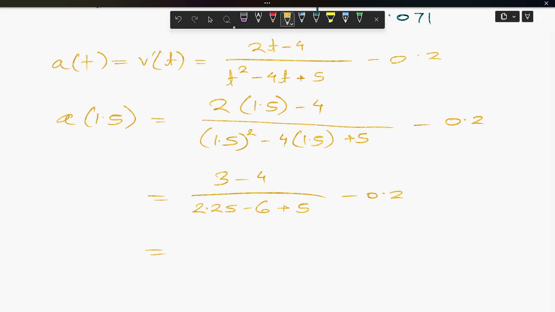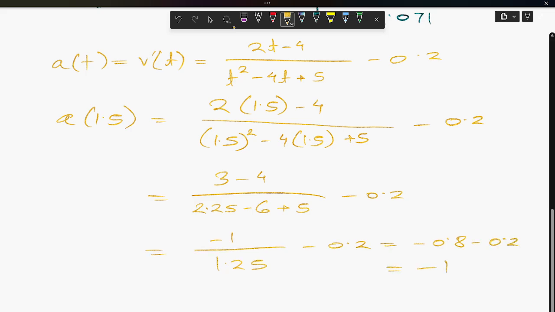Minus 0.2. So that is minus 1 upon 1.25, which is minus 0.8, minus 0.2. So we would get minus 1 meter per second square. Okay.